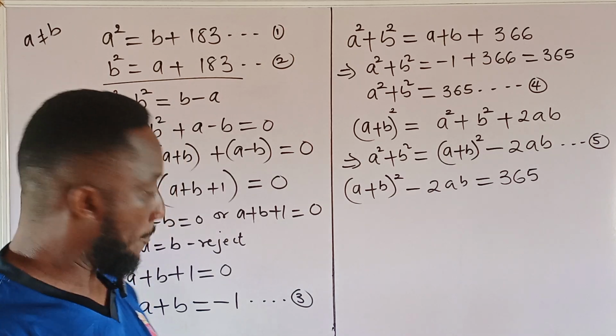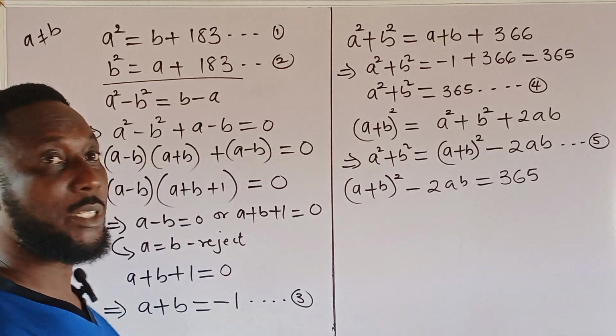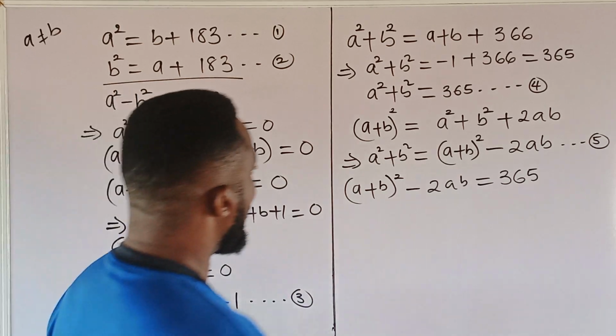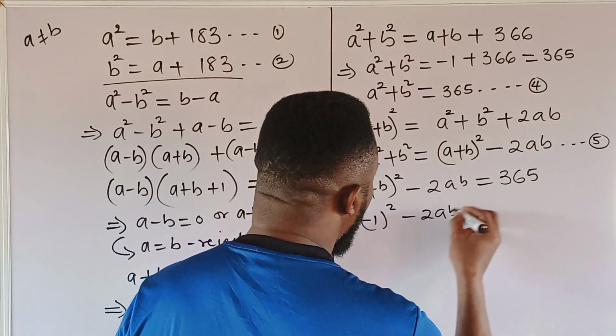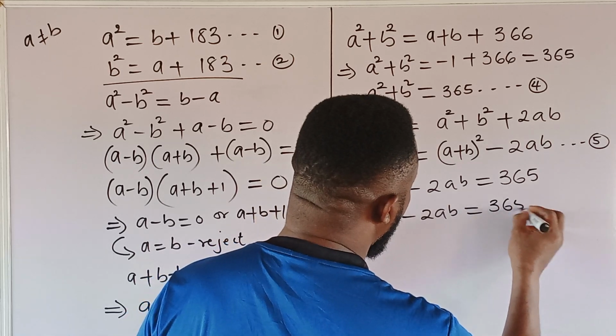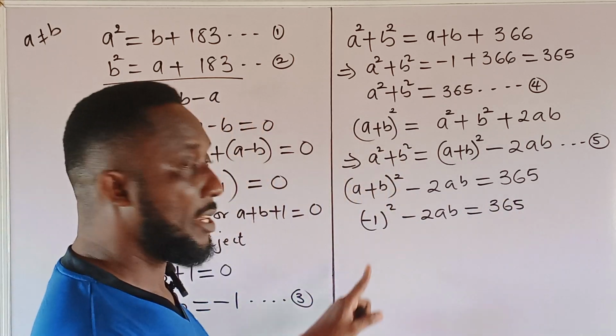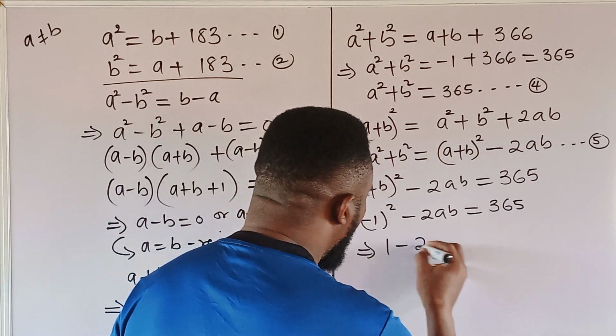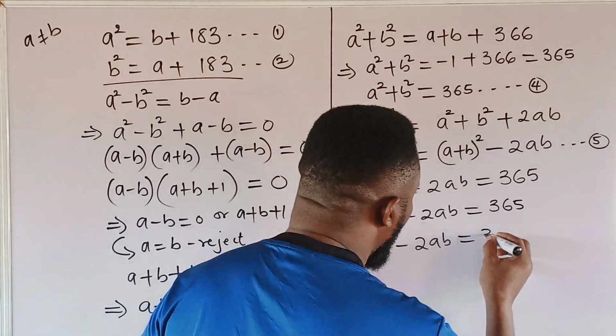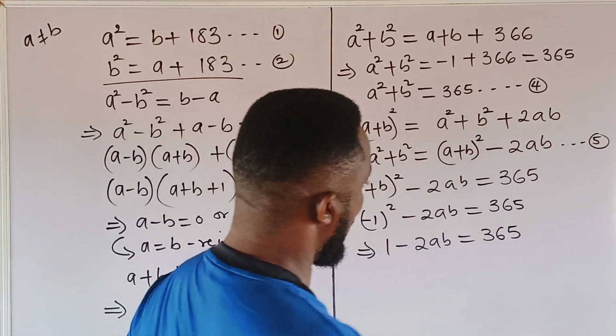Now from equation 3, A plus B is equal to negative 1. So (negative 1) squared minus 2AB equal to 365. Negative 1 squared is 1. So this will give us 1 minus 2AB equal to 365.